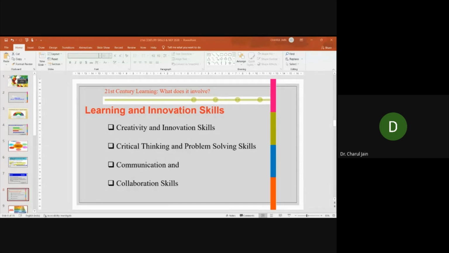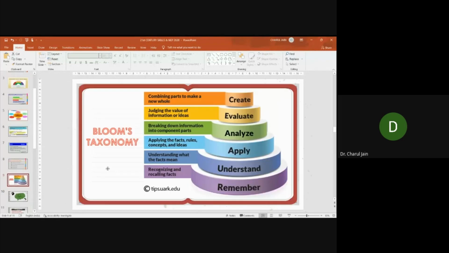So when I am talking about what is the requirement of 21st century, I cannot but discuss Bloom's taxonomy. So here you go. Bloom's taxonomy, or the revised Bloom's taxonomy, focuses on 6 basic skills that are determining the objectives of education.